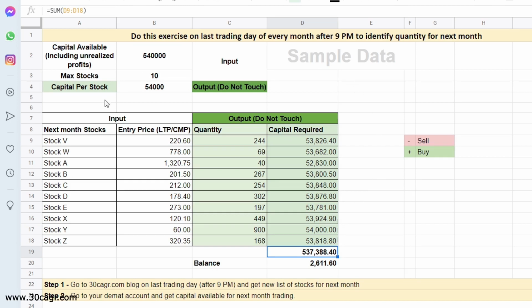Then, when you are redoing this calculation on the last day of next month, you have to enter this 6 lakhs plus the balance that's there in your account, 2,600. So the capital that you have to enter here on the last day of next month is 6 lakh 2,600 rupees. This capital is the sum of the realized profits that you have got in that particular month plus any balance amount left in your trading account.